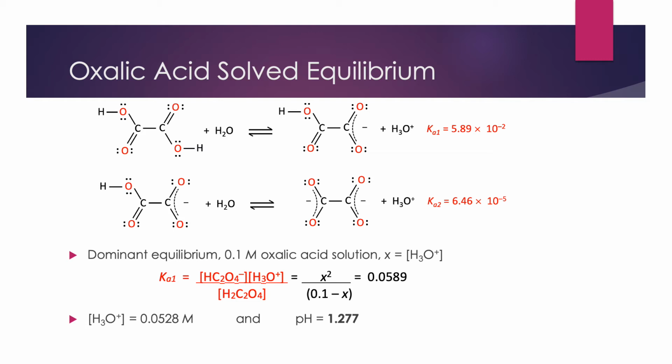So what we see from this is that even though those two protons were essentially identical in the original compound, once we've taken one of them off, it becomes more difficult to remove the second one. Part of that is because the compound now has an overall negative charge, so it's harder to pull a positive charge away from that negative charge.